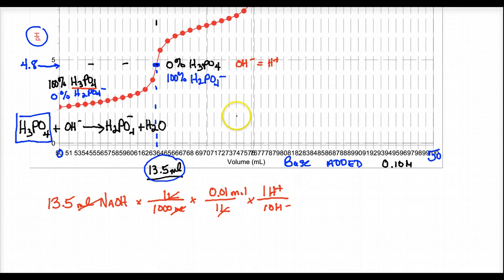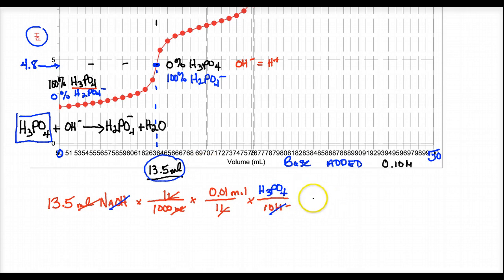So, if I really want to do this correctly, for every one what? For every one H3PO4. Now we're counting only the first H coming off though. So what's going to happen here is I'm going to wind up with moles of hydroxide from here, and I'm going to wind up with moles of phosphoric acid.